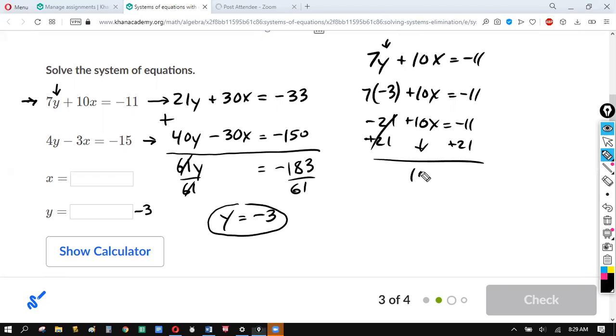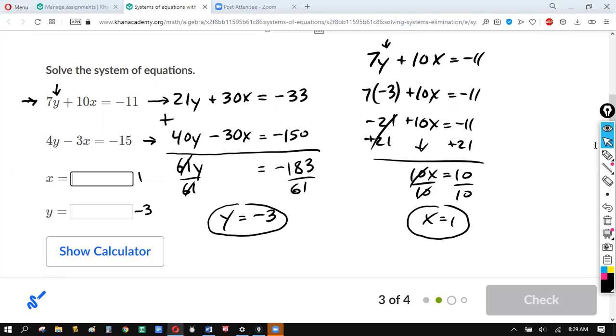You bring down the 10x. 21 minus 11 is 10. And of course, dividing both sides by 10, the 10s cancel. x equals 1. And that goes in the box right there. So we got 1 and -3.